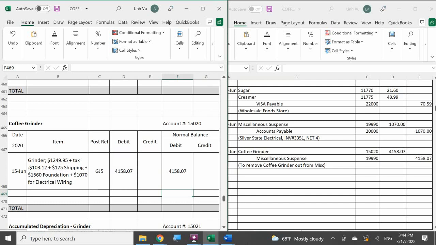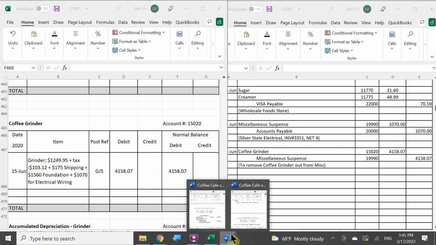What comes after the general ledger? Subsidiary. Now in this case, did I involve anybody to move from one account to another? No. So in this case, do we need to use a subsidiary ledger? Not really. No. So in this case, we are done with this transaction.